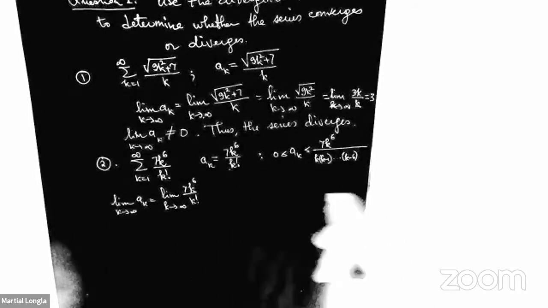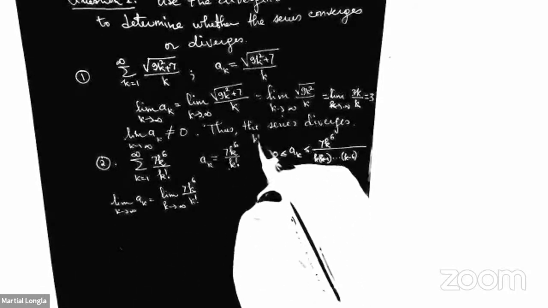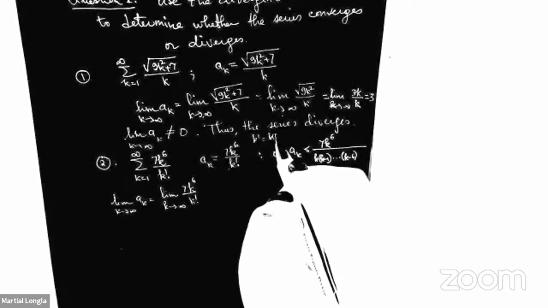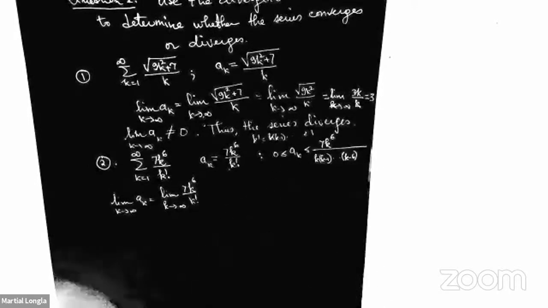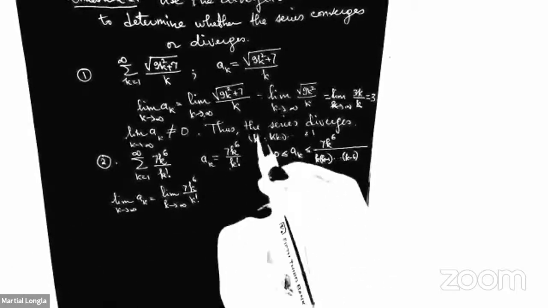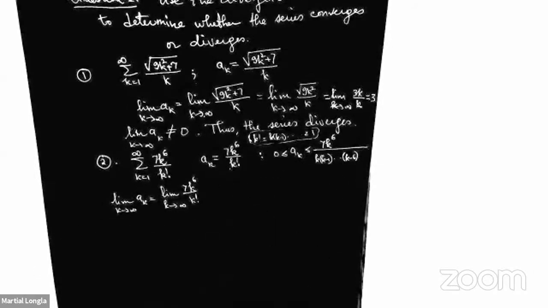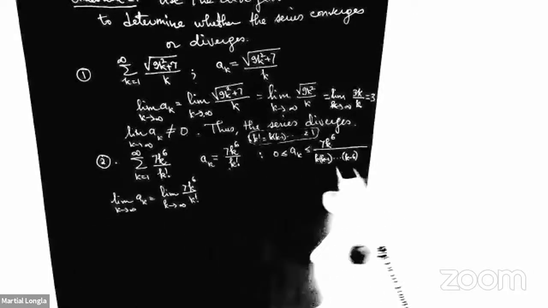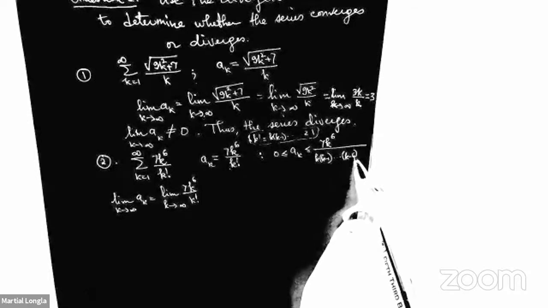Because k factorial, as I gave you in class, is k times k minus 1 and multiply all the way down to 2 times 1. It's the product of all positive integers from k down to 1. So if I take that k factorial, I write it as this times that times that.